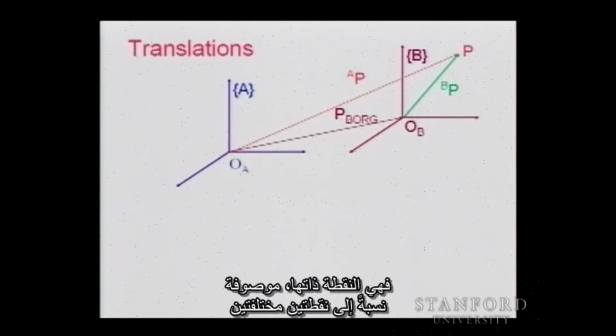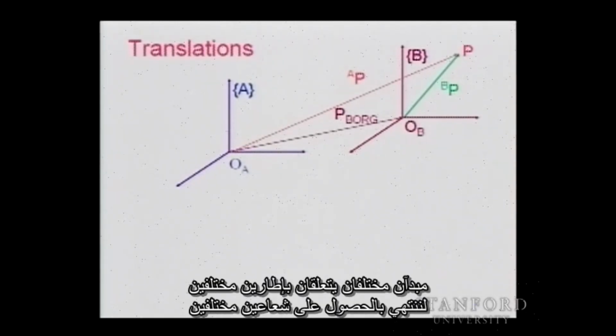So it is the same point, but described with respect to two different origins attached to two different frames, and you end up with two different vectors.